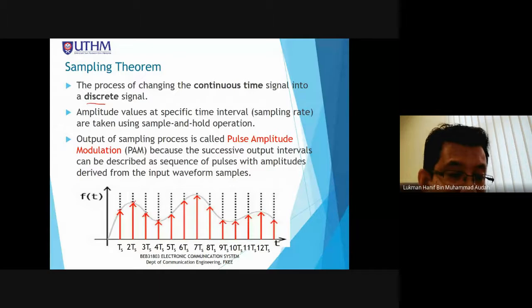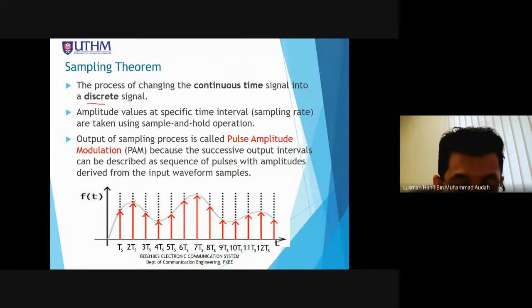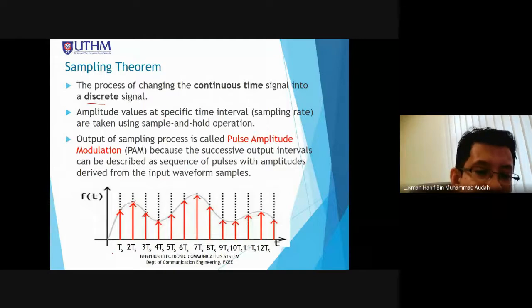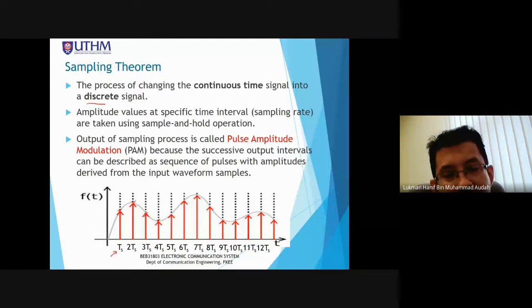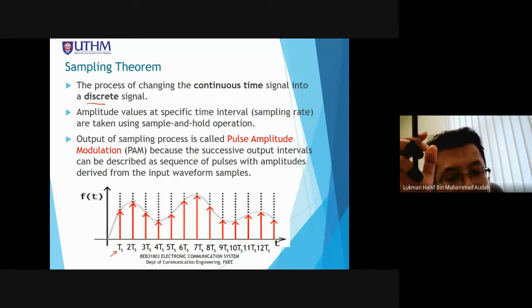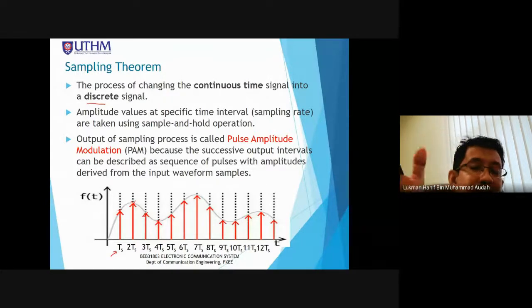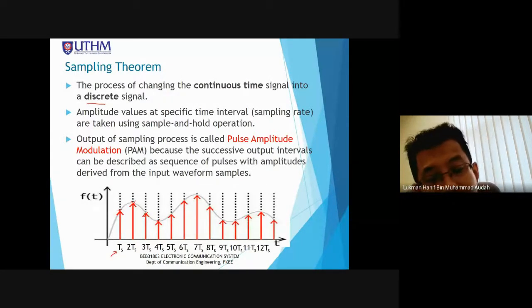Tapi apakah masa tersebut? Itu dikatakan di situ sebagai sampling time. Okay, itu sebabnya di sini adalah TS. TS di sini adalah sampling time, T sample. So you see that the first T sample, second T sample, third T sample until the end. So berapa kali sampel nak ambil itu nanti akan diceritakan.